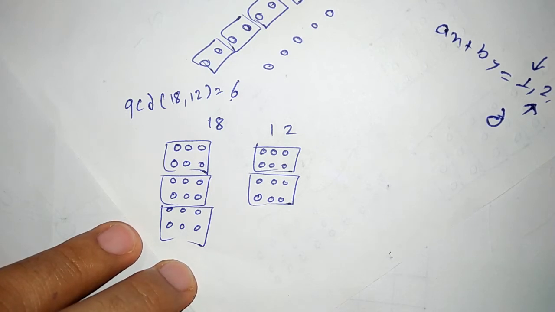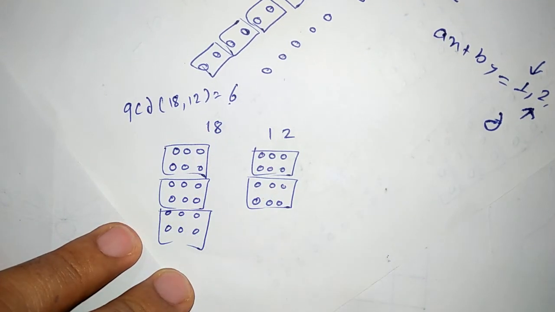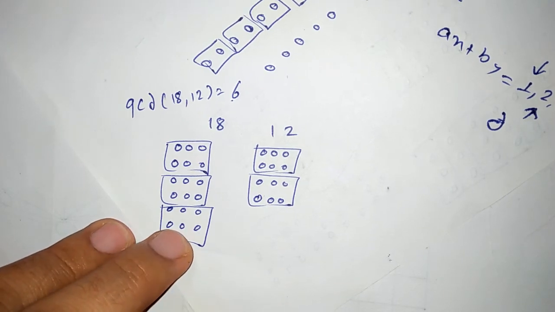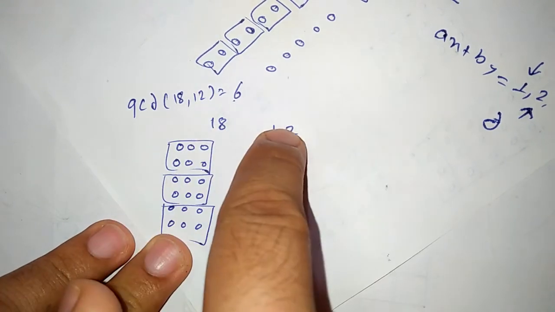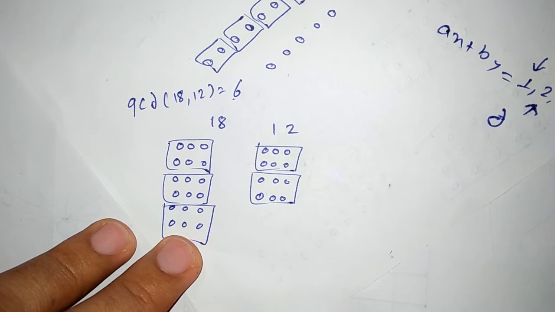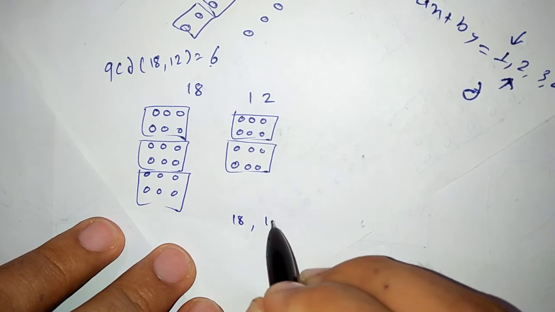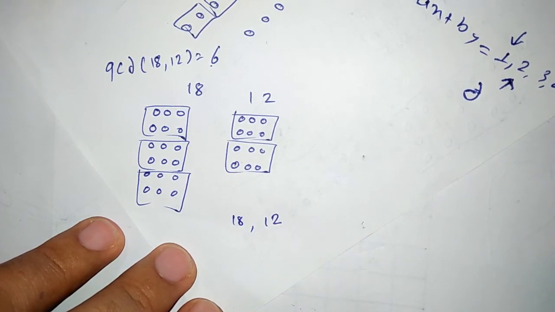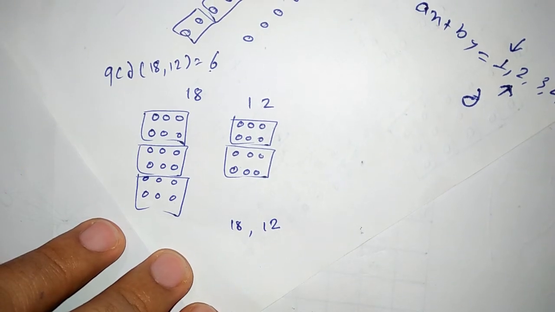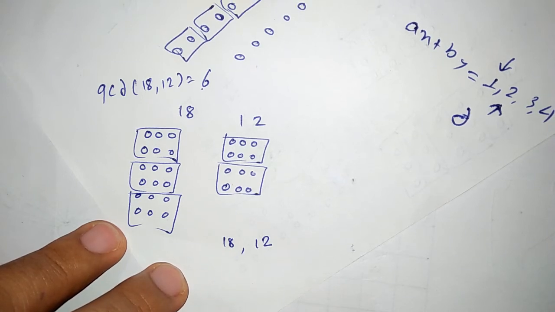So we proved right now that if we take a minimum, then it must divide both of the numbers. But we can see here that this 3 is also going to divide both of these. But the question is, does this 3 exist in this set? Does this 3 exist as a linear combination of 18 and 12? And the answer is no, because whatever you do, we are always going to produce a multiple of the GCD, that is 6.